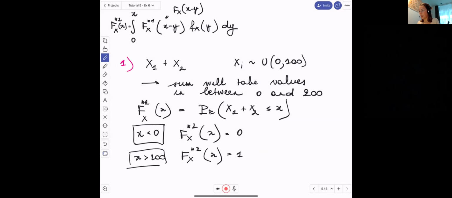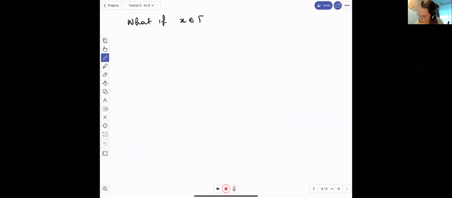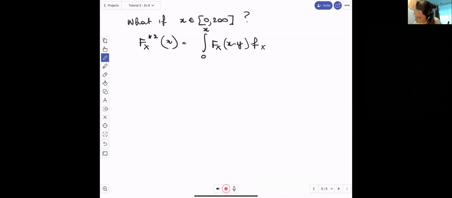So what if x is in between 0 and 200? We're going to look back at this formula for the twofold convolution. I'm going to take another color.